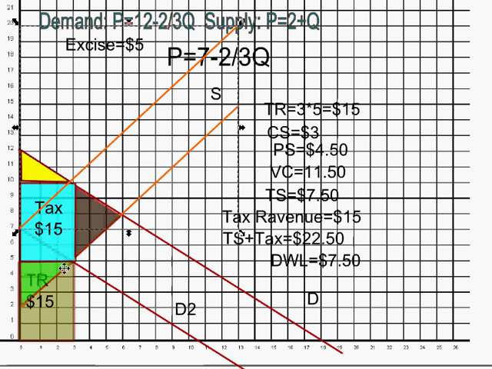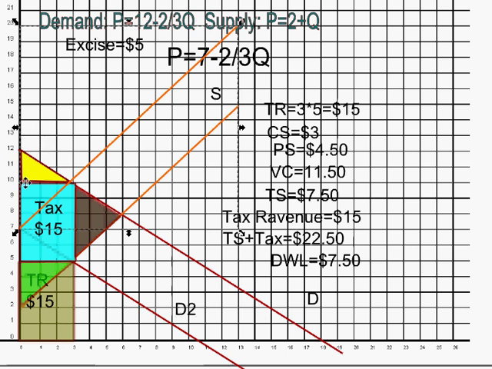And then the business will be left over with $15 in revenue after it pays the tax to the government, at which point it is going to have $11.50 in variable costs. It will have $4.50 in producer surplus.